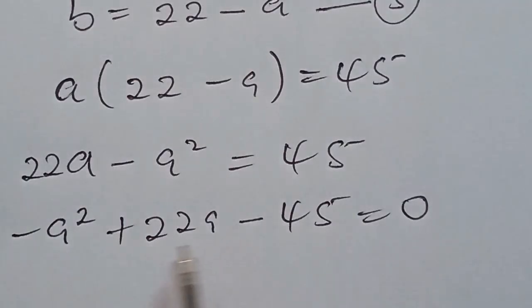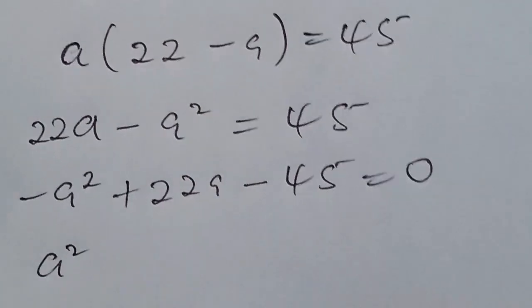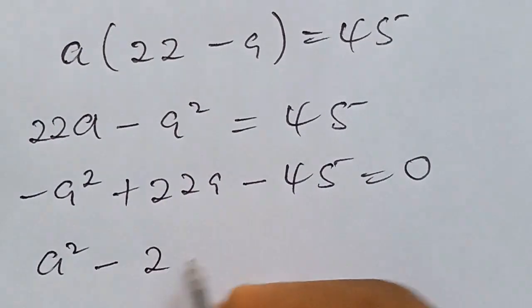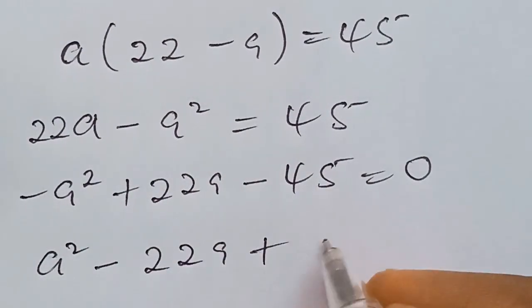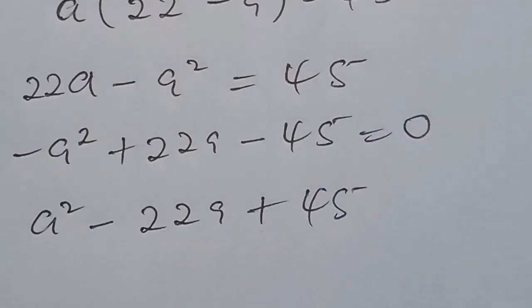So here if we multiply both sides by minus 1, it will change the sign. So we now have a raised to power 2 minus 22a then plus 45. So from here this expression cannot be factorized.